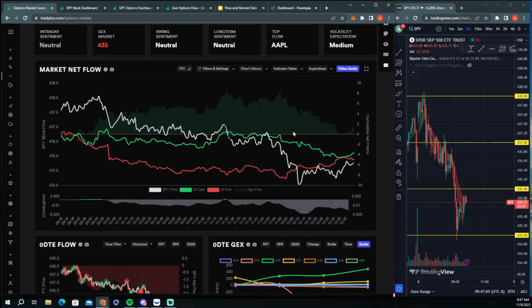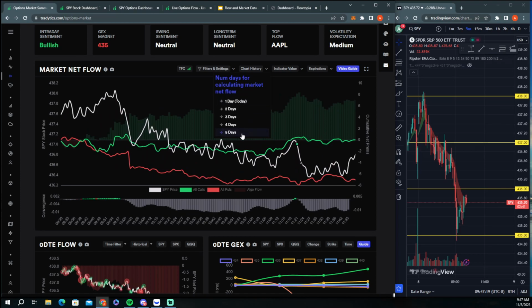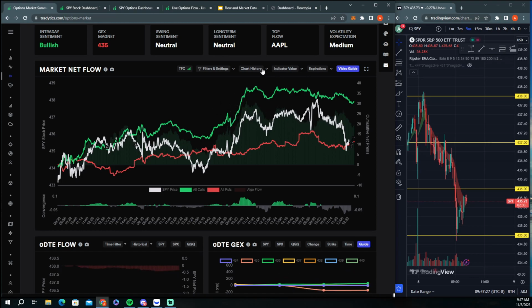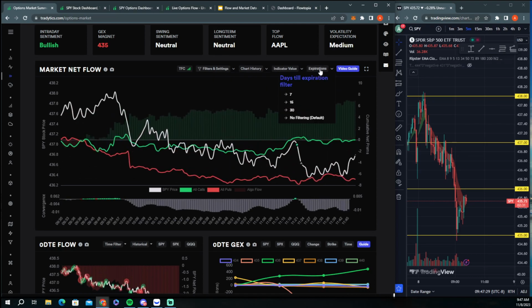So if I look at today's flow, this is up to today. These are the buys and sells of puts and calls in the entire market just today. So if you want to see a chart history, you can go back, say, 5 days and you can see all of the calls and puts being bought from the last 5 days of flow. And then you can also change the expiration, which is kind of cool.